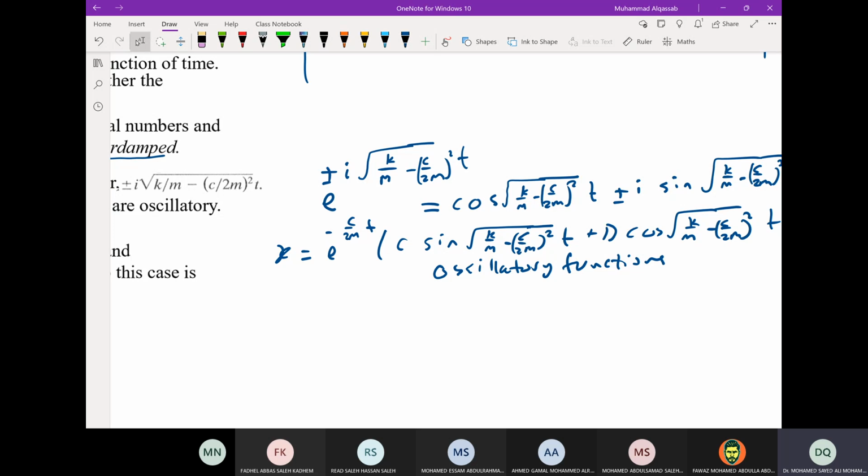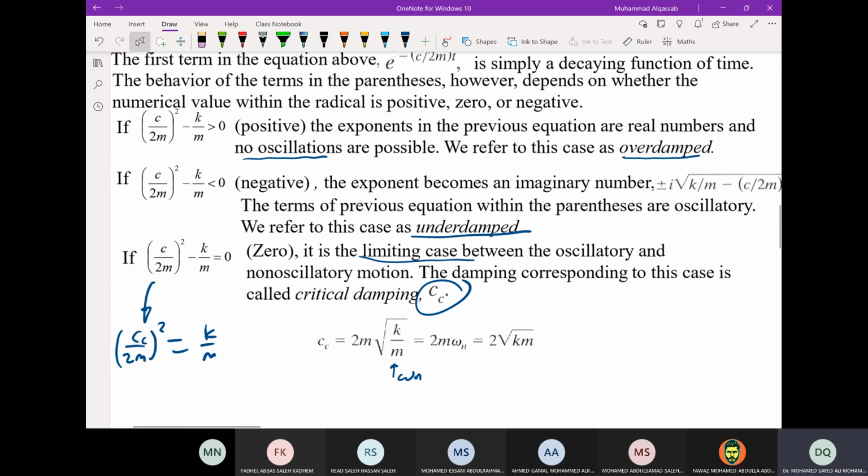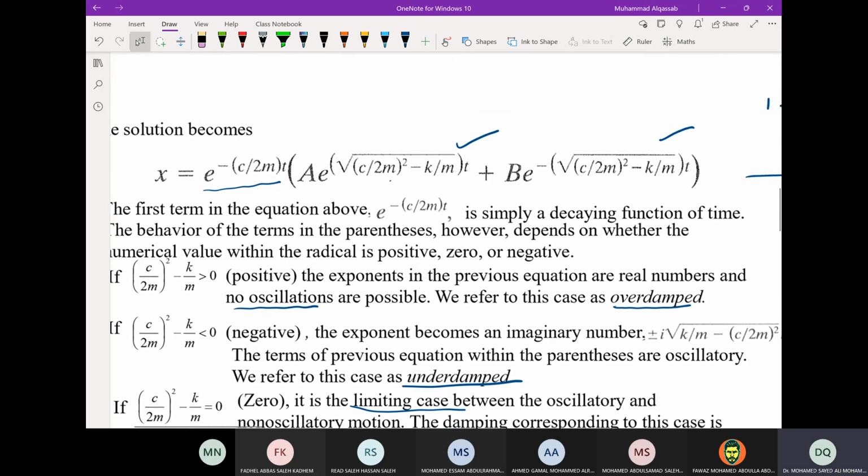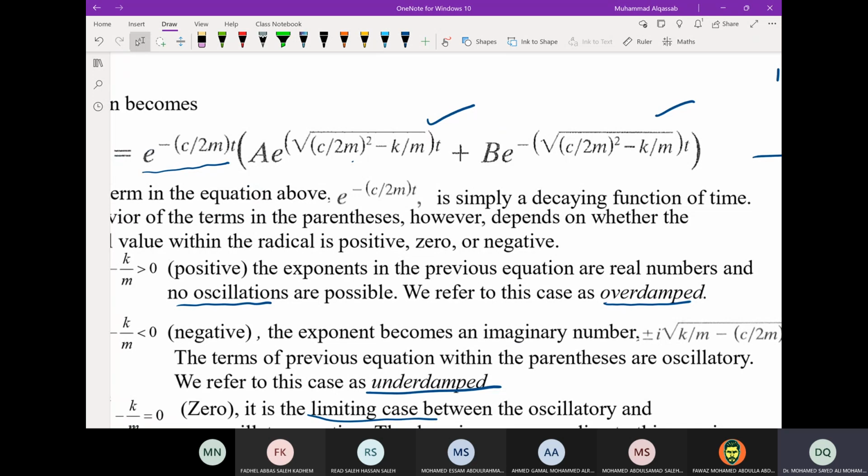And if it is critically damped, as you can see, C over 2m squared minus K over m equal to 0, then S1 and S2 are equal. There are double roots here. And if you go back to the solution, when the radicals are 0, there is no need to have A plus B anymore.